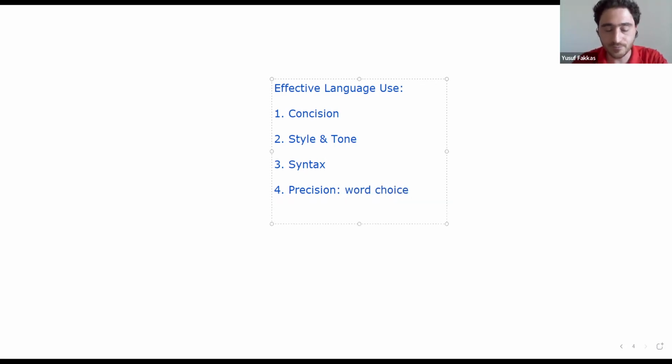Which means, of course, there is an underlined word in a sentence.